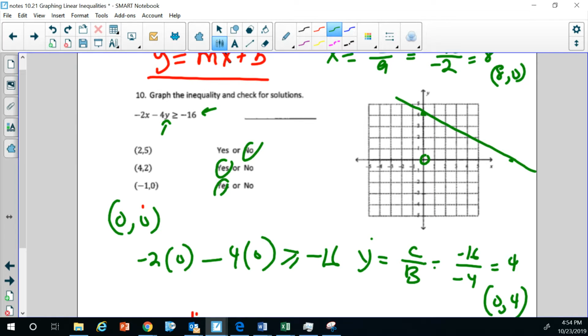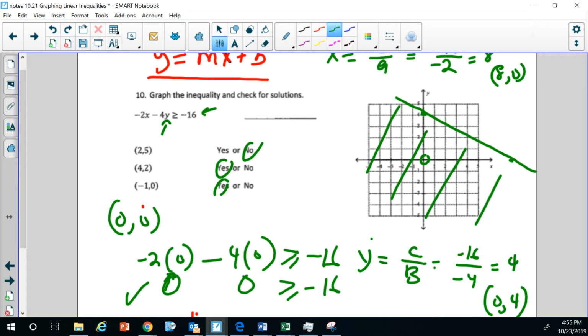Is this statement true? Is 0 greater than negative 16? That is a true statement. Therefore, I know that my solution set is below this line.